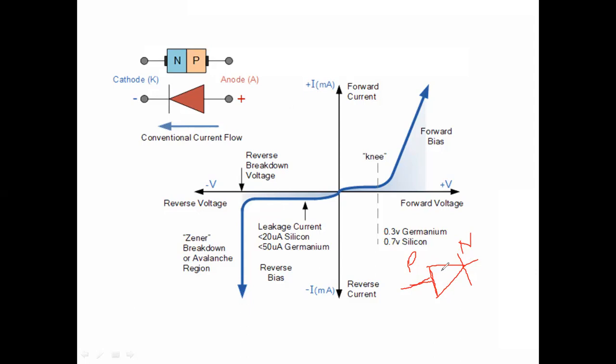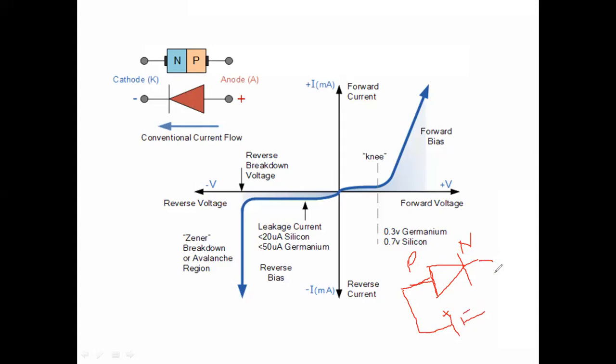So here we have to understand applying voltage to the diode. We can apply two types: one is forward bias and the other is reverse bias. When we apply voltage to a diode in forward bias, how do the characteristics of the diode change? For forward bias, the battery is connected with the positive terminal to the P side and the negative terminal to the N side.